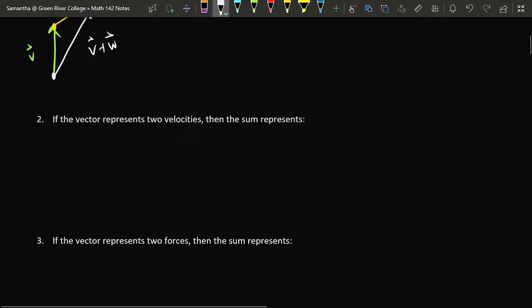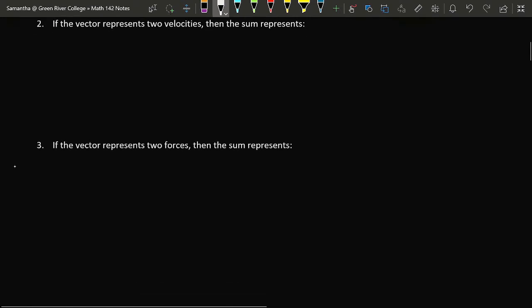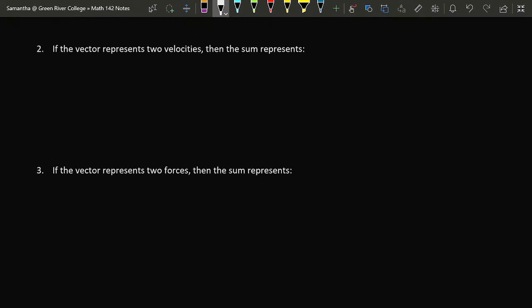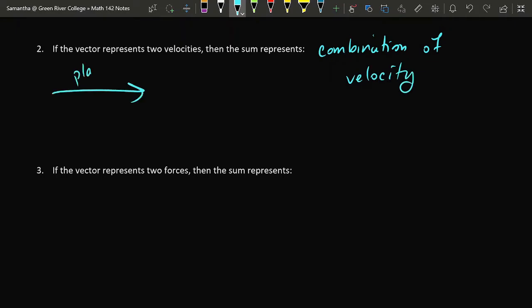Now, if our two vectors represent two velocities, in this case, what does it represent when we add these two vectors together? This represents a combination of these two velocities. For example, suppose you have a plane which is flying, and the plane has some velocity of its own.